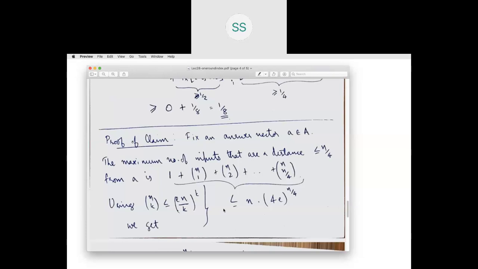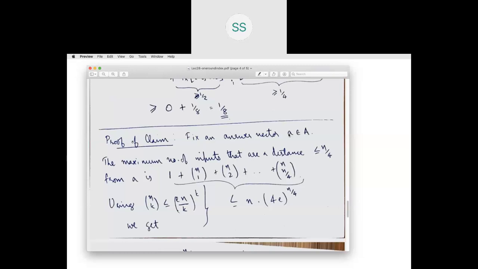Because consider an answer vector and consider all the input vectors for which this answer vector will make the input vector good. So for a fixed answer vector small a, how many x's does this a make good?